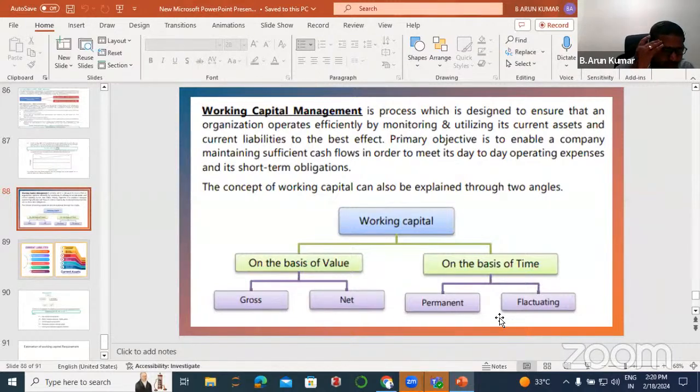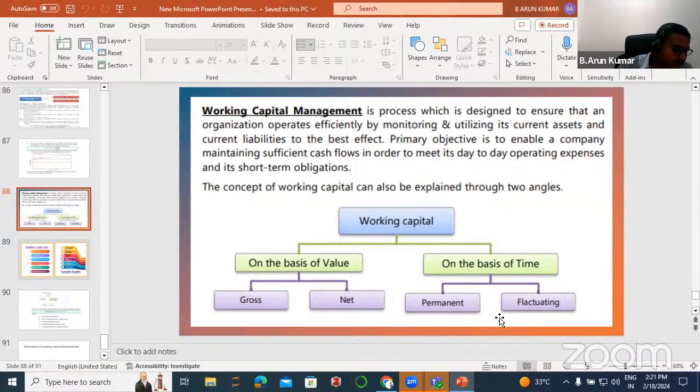What the main factors are, and why the share value increases or decreases, is discussed in two models, Walter's model and Gordon's model.